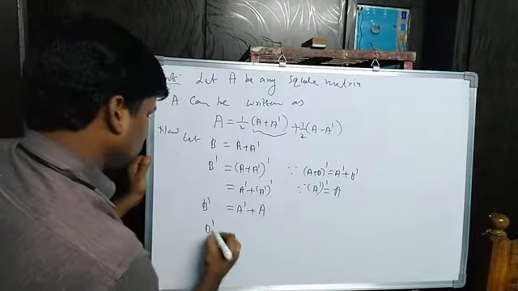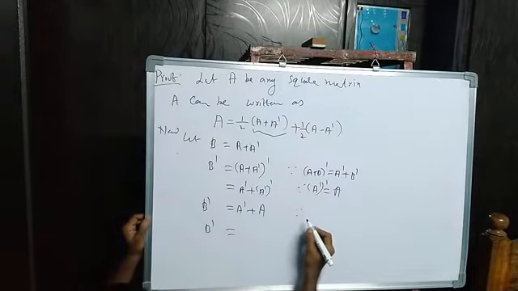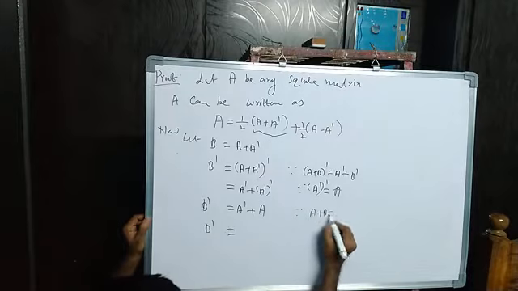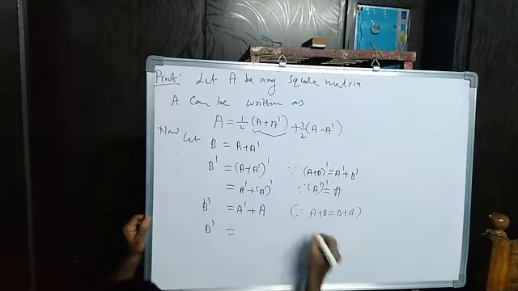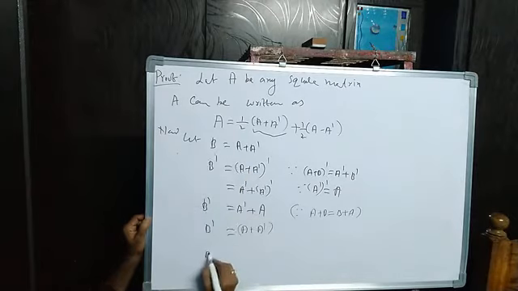So B dash is equal to what we got? A dash plus A. We know that matrix addition satisfies the commutative law, that means A plus B is equal to B plus A. So A dash plus A we can write as A plus A dash, which we have taken as B only. So B dash equals B, and B dash equal to B means B is symmetric.